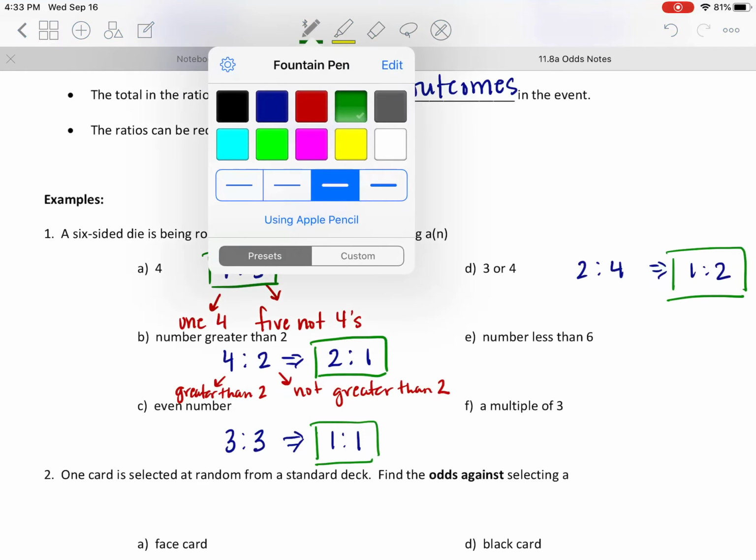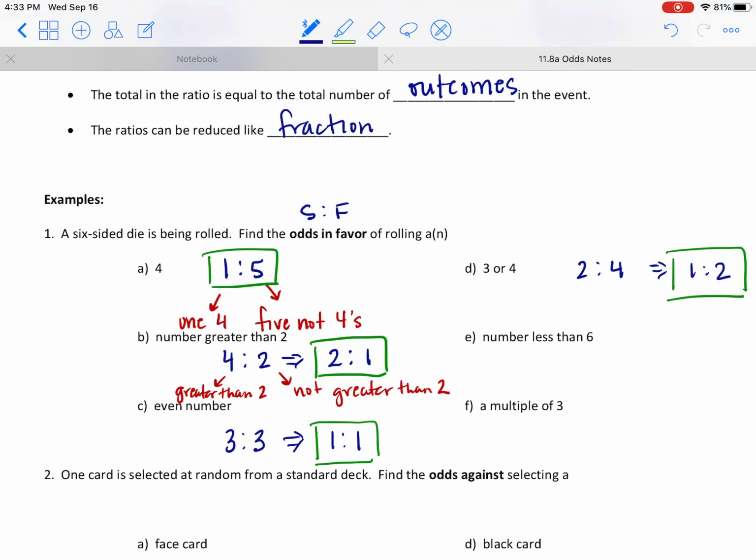And how about a number less than 6? So a success would be rolling a number less than 6. So 1, 2, 3, 4, or 5. That's 5 options. And if there are 5 of them that are successes, then the other 1 that's left is a failure. So we have 5 to 1 odds, and that does not reduce.